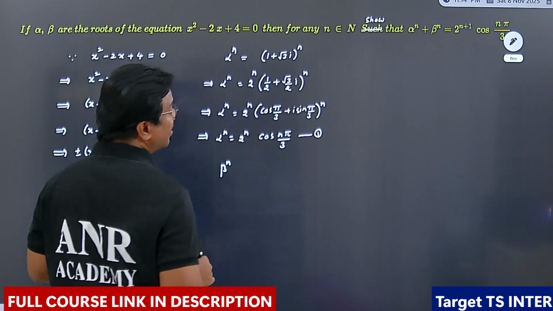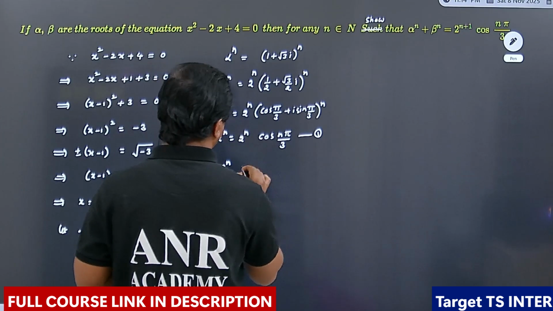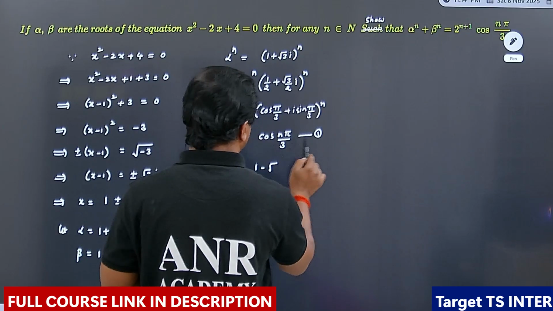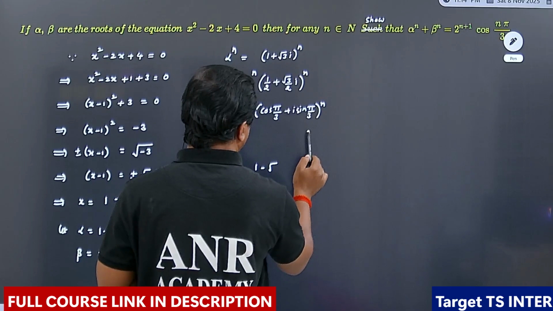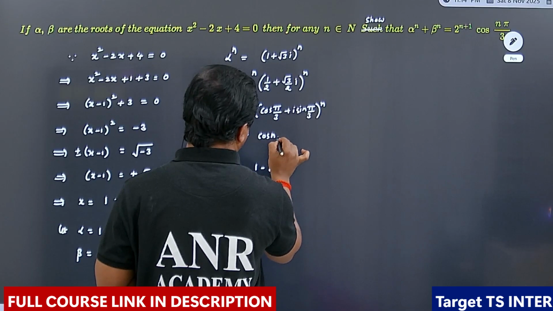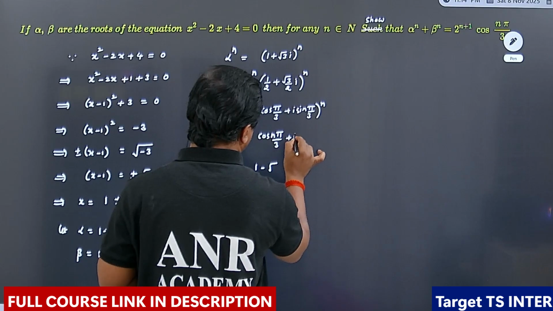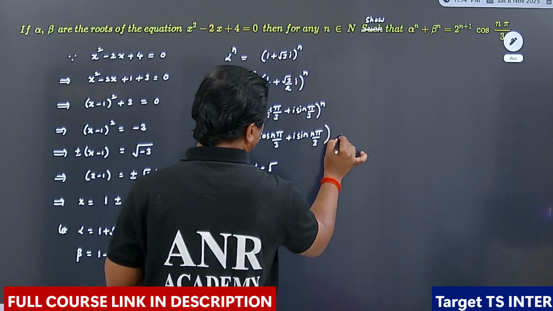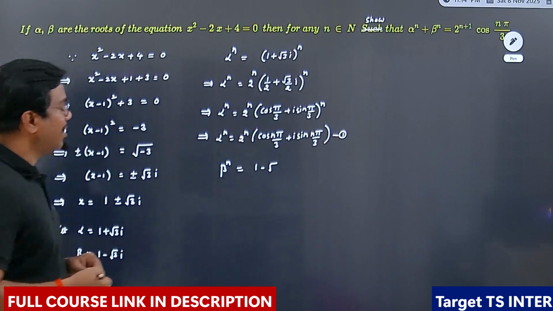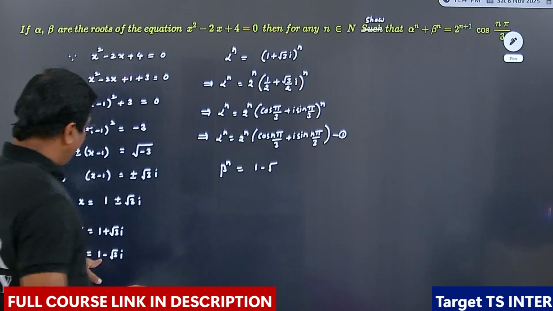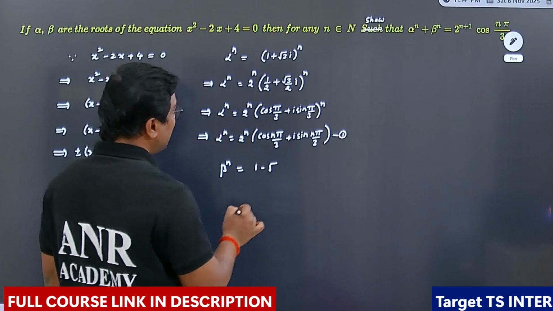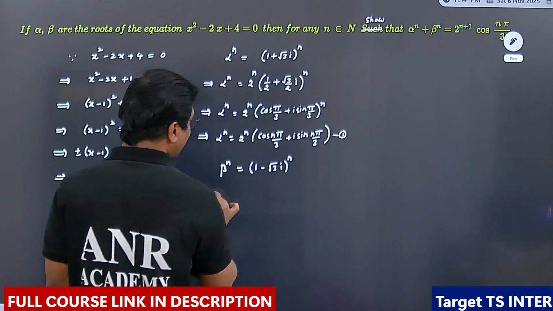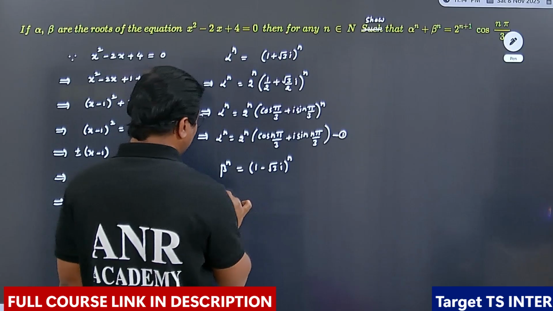Next, let us find beta power n. Beta you have 1 minus root 3i here. So 1 minus root 3i whole to the power of n. Implies what we get?